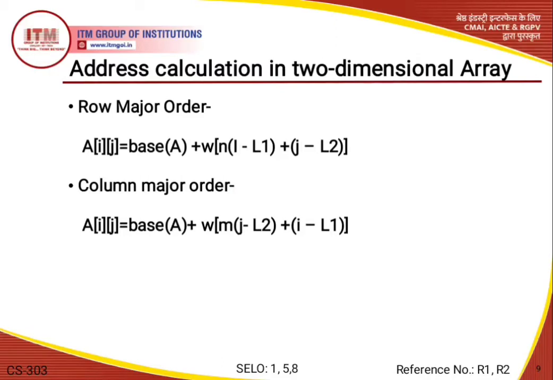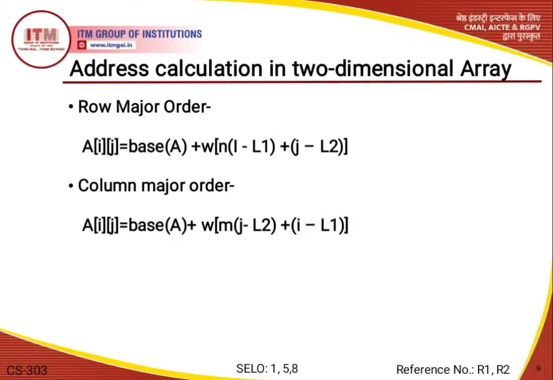Okay. Now if we calculate in the form of column major order, then the formula or syntax is A[i][j]. Again, i refers to the row and j refers to the column. Then base A plus W times m(j minus L2) plus (i minus L1).